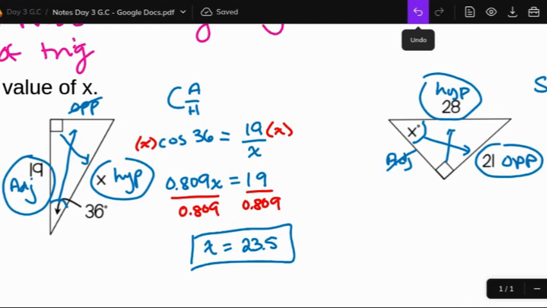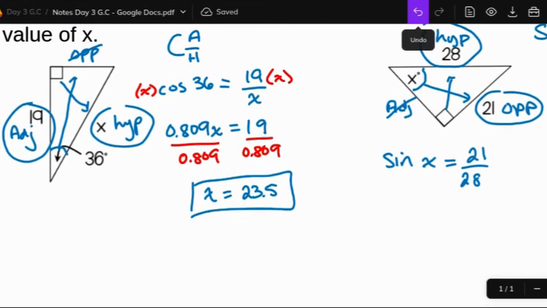So sine of the given angle, in this case x, is equal to the opposite 21 over the hypotenuse 28.